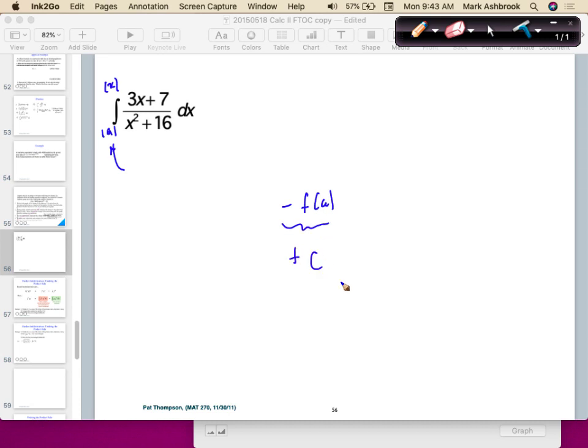That's what the plus c is. It's the minus f of a, because we know this is some f of x minus f of a. That's what this means. And so then we could start at any value a, and then we get a whole family of net accumulation functions, right? All having the same rate of change.